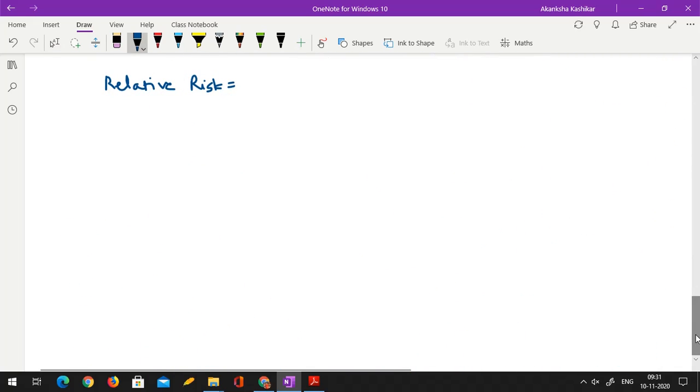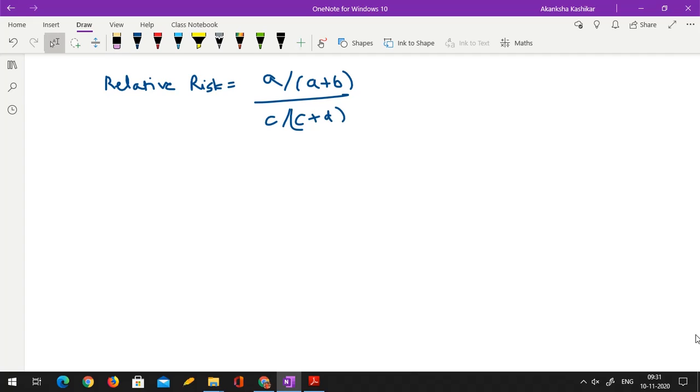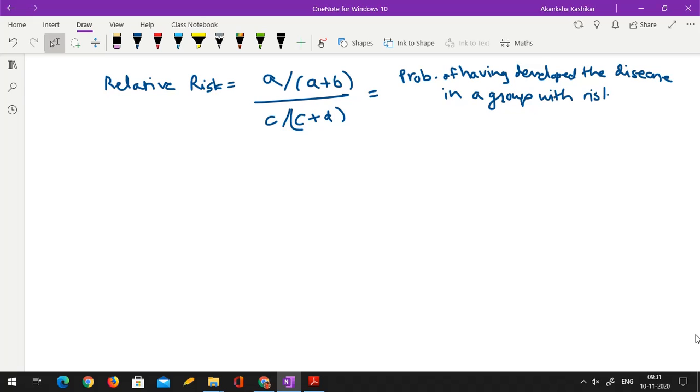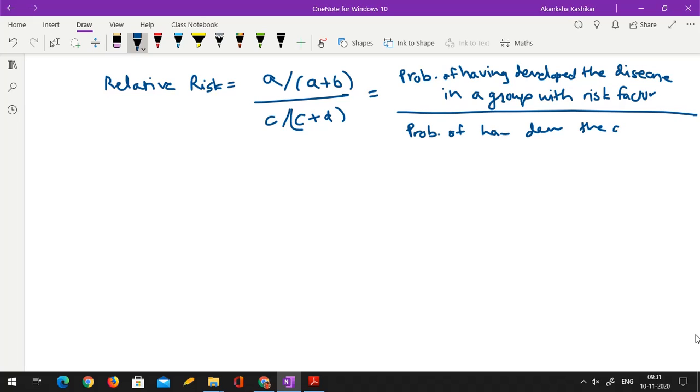So relative risk is defined as A upon A plus B to C upon C plus D. A upon A plus B is the probability of having developed the disease in a group where the risk factor was present, divided by C upon C plus D, which is the probability of having developed the disease in a group with no risk factor.